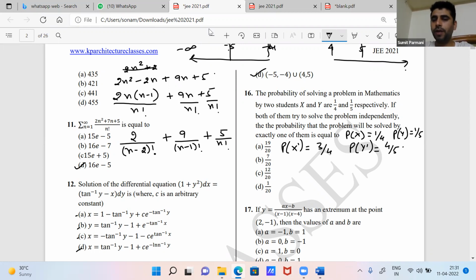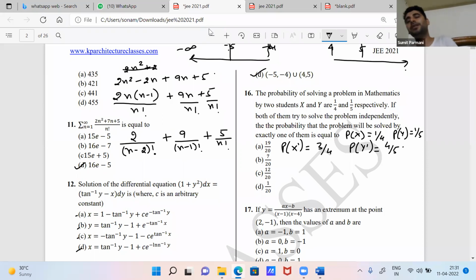Now, if both of them try to solve the problem independently, the probability that the problem will be solved by exactly one of the two. Okay, exactly one of the two. That means if X has given the correct answer, then Y gave incorrect answer.